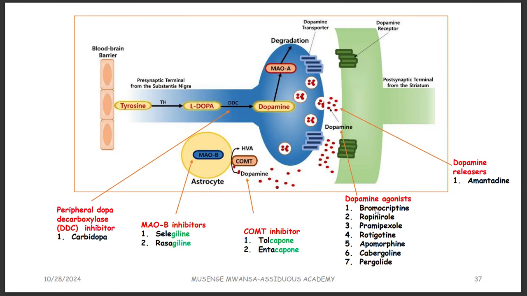And these guys are a lot: bromocriptine, ropinirole, pramipexole, rotigotine, apomorphine, cabergoline, pergolide. At least just look at them so that you can be able to identify them in MCQs, because I've seen some like that. And then you also have those which will release the dopamine, like amantadine. It's just one.